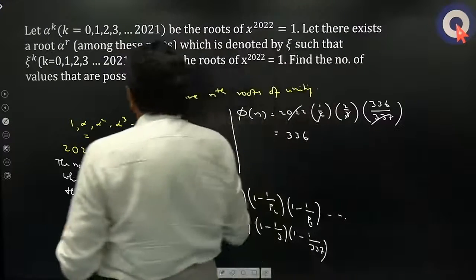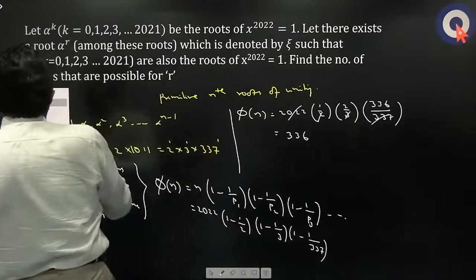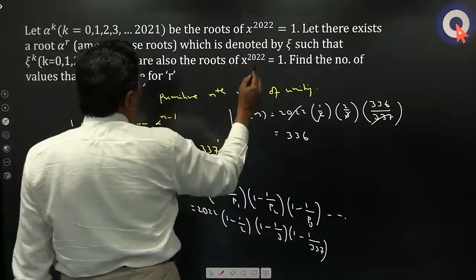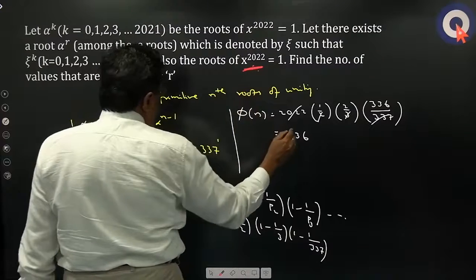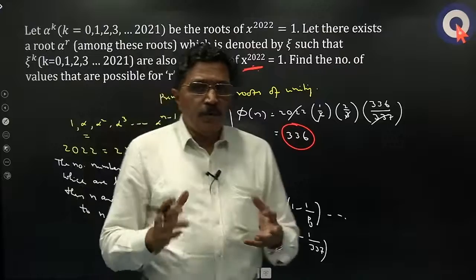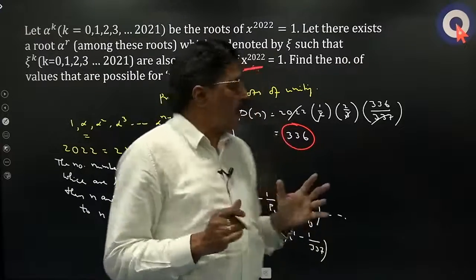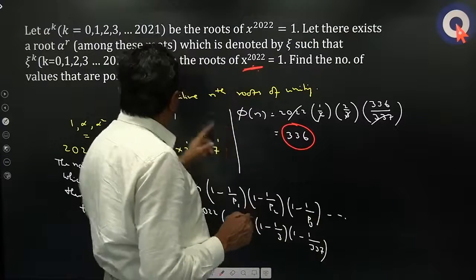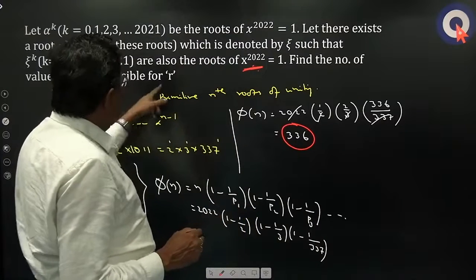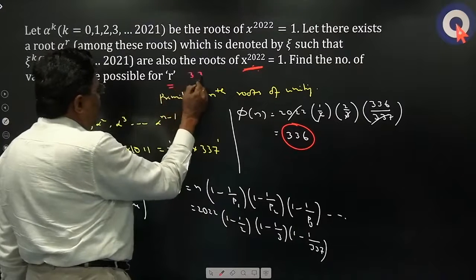Out of the total 2022 roots, 336 roots have the capability to generate all the roots. So they are called primitive nth roots of unity. So the answer is 336, the number of values that are possible for r.